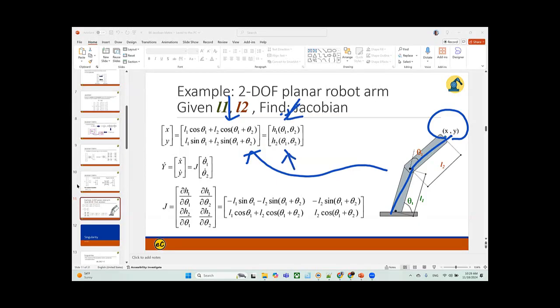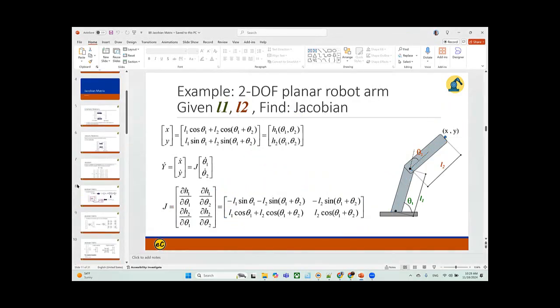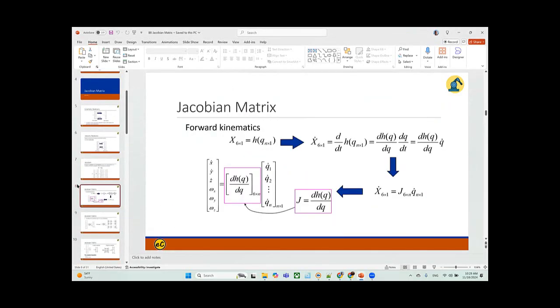This equation is H2. So two functions. And for these two functions, you can take a partial differential, and you end up with this. So this is your Jacobian matrix.